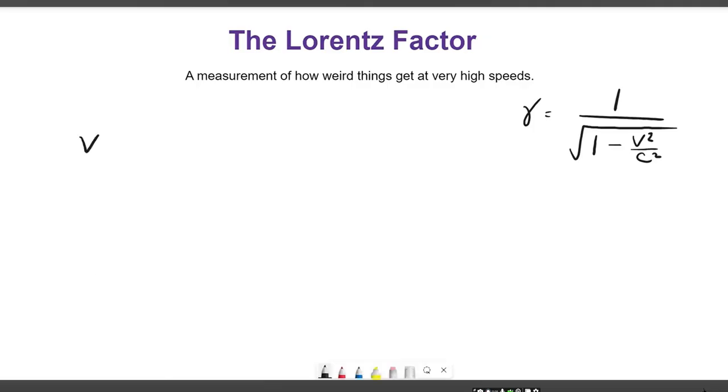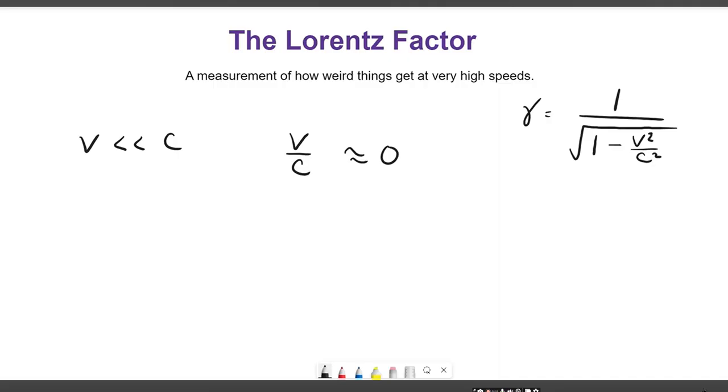So when our velocity is much, much less than the speed of light, this term, the velocity over the speed of light, is almost zero. When you're dividing a small number by something on the order of 10 to the 8 meters per second, it becomes so close to zero that we just call it zero.